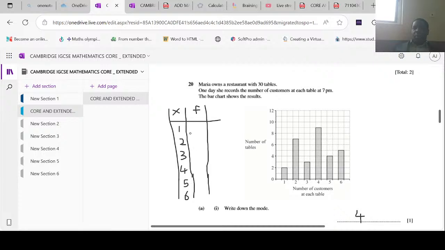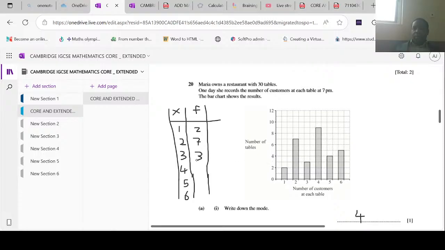All right. Now the frequency corresponds to the height. So when the number of customers is 1, the height is 2. That's the number of tables. When the score is 2, the height is 7. When the score is 3, the height is 3.